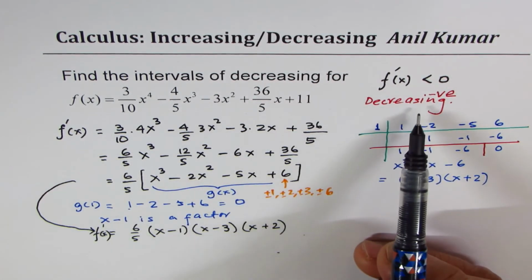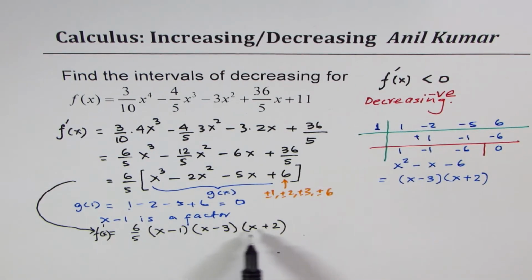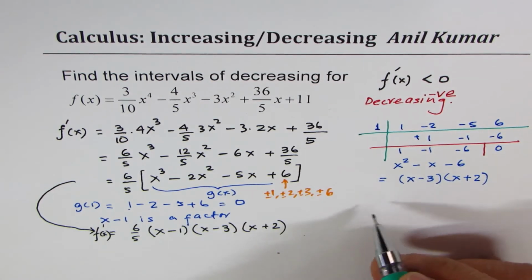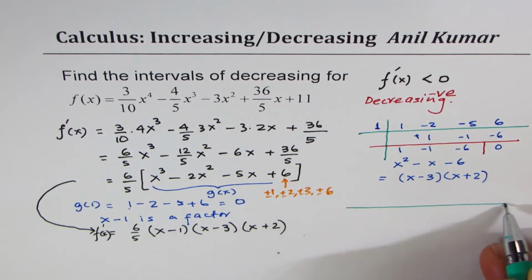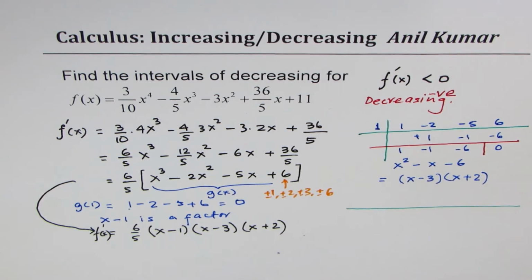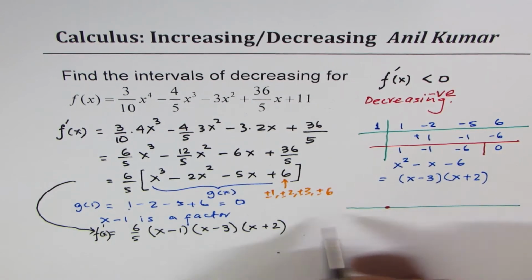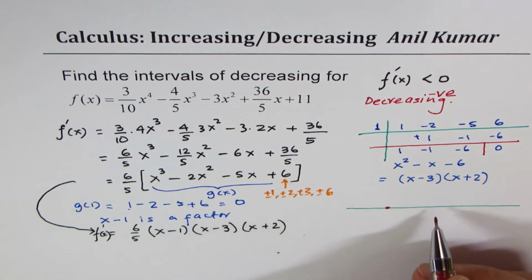We are looking for the decreasing interval. So we want to test in which interval this function is decreasing, right? So let's take our number line, and on this we'll plot the zeros. The zeros are at -2, +1, and +3.